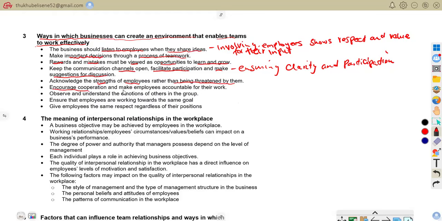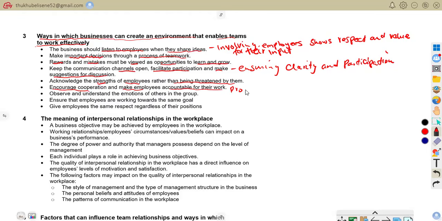Encourage cooperation and make employees accountable for their work. So you encourage cooperation and accountability. You promote responsibility in teamwork. That's what it means when you encourage cooperation.